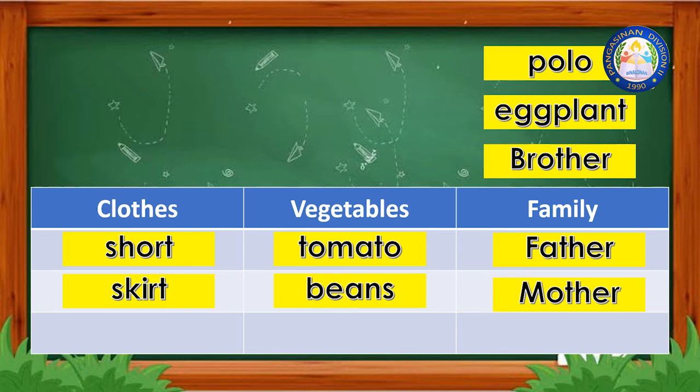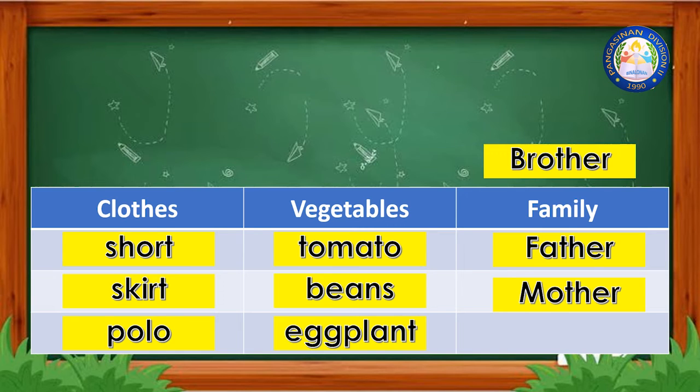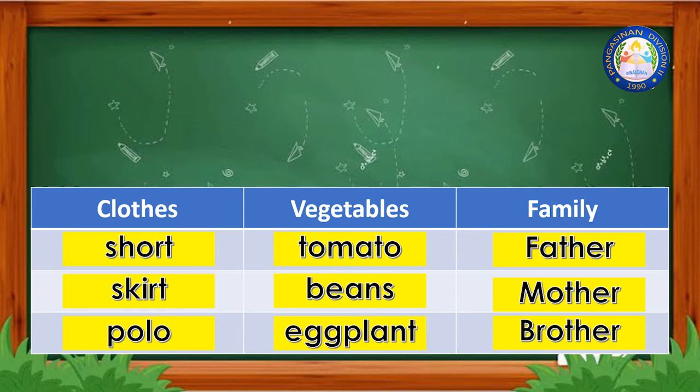How about polo? Very good. It is under the clothes. How about eggplant? Very good. It belongs to the hyponyms of vegetables. And the last one? You're right. It is under the family. Great job, everyone.